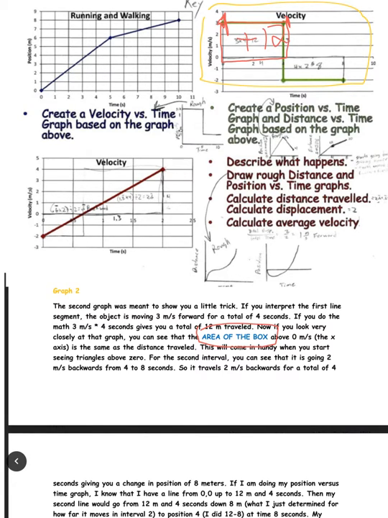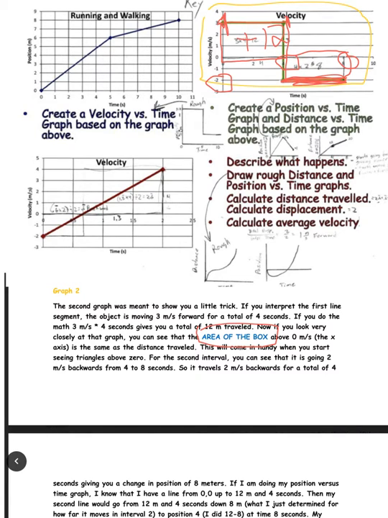In the second interval, I can do that box again, break it down interval by interval. This line right here that I'm drawing on was at 2 meters per second from 4 seconds till 8 seconds. So that interval goes from 4 to 8 seconds.